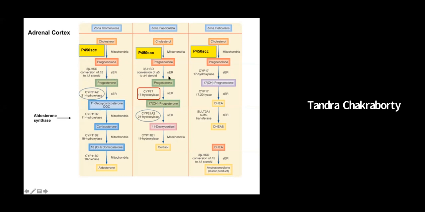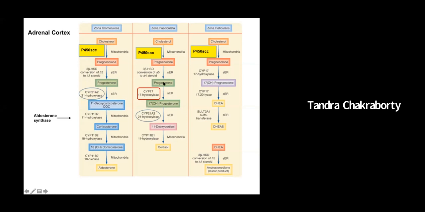From here on, the pregnenolone goes into the smooth endoplasmic reticulum. As you can see in here, it moves into the smooth endoplasmic reticulum, and each of these enzymes converts it into the respective product. Okay, in case of aldosterone and cortisol, the product is progesterone.